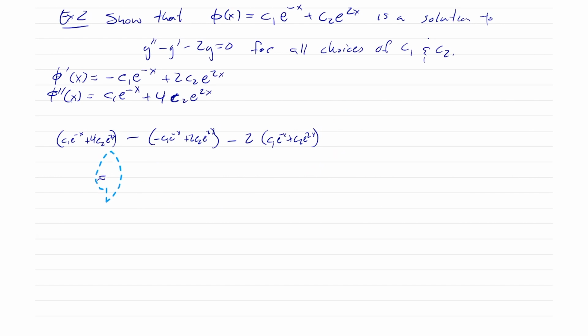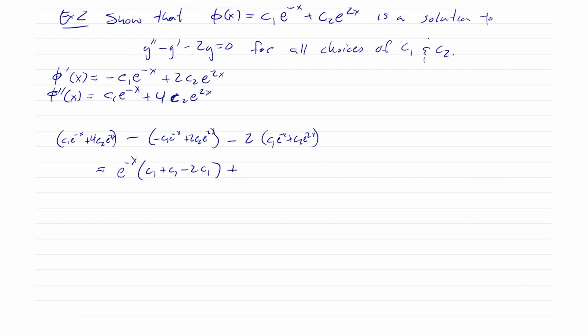All right, so let's go ahead and work out what this is. Collecting all the terms that involve e to the minus x: the first term gives me a c1. Here I have a minus times a minus c1, so I'm going to have plus c1 here. And then I'm going to have minus 2c1 here.